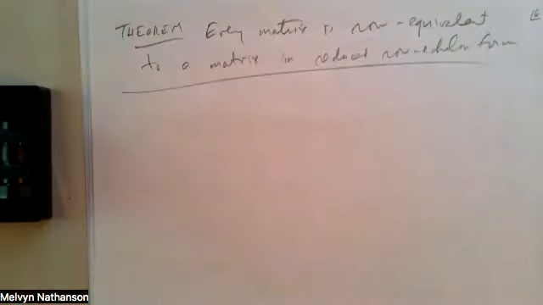That is, if you take any matrix, you can perform elementary row operations to obtain a matrix in reduced row echelon form.